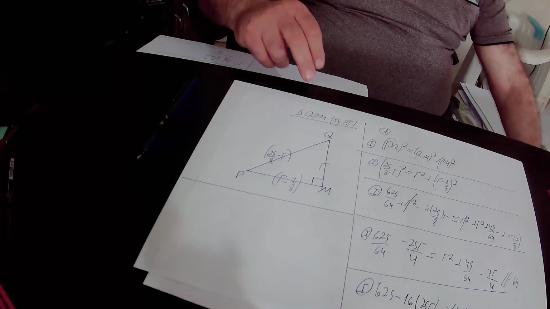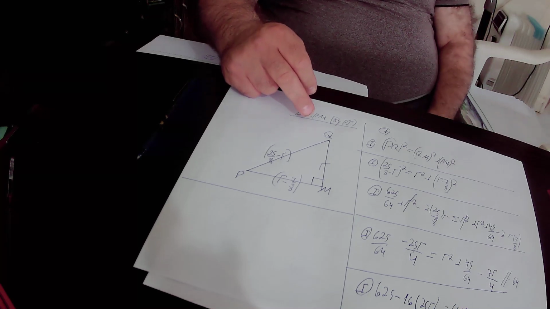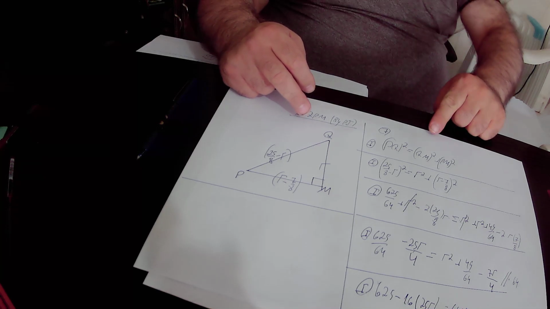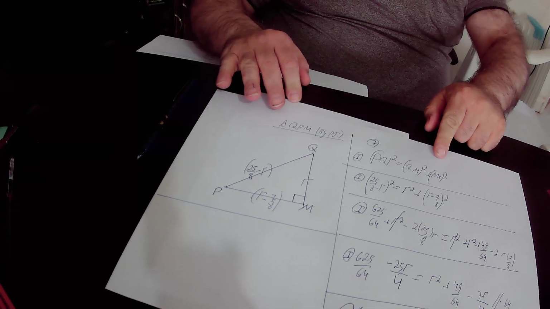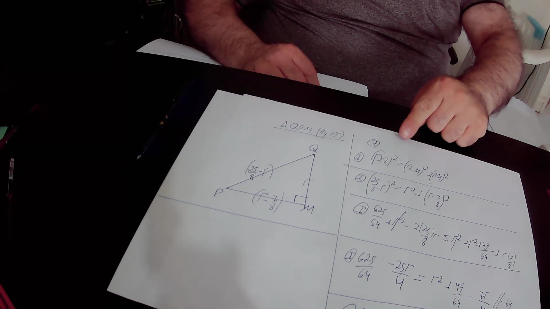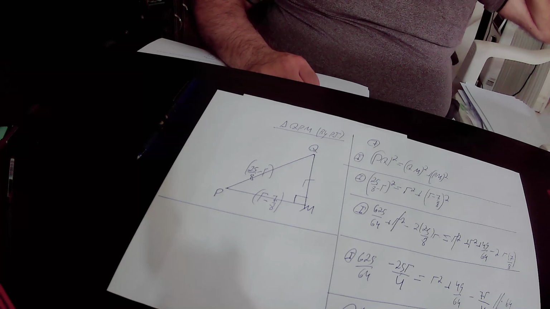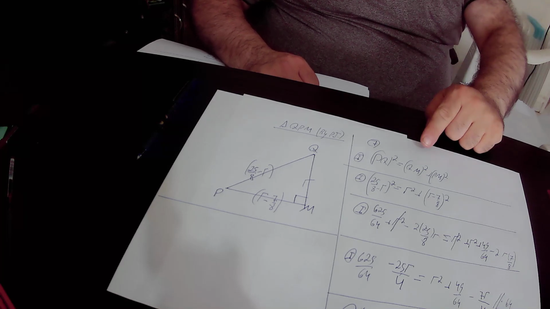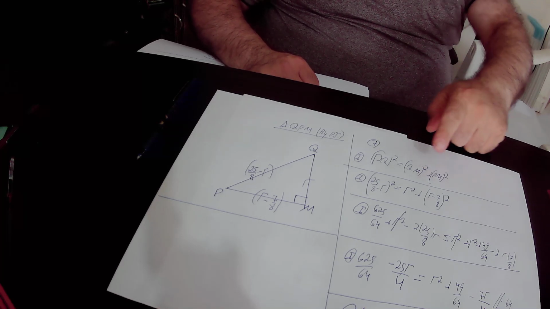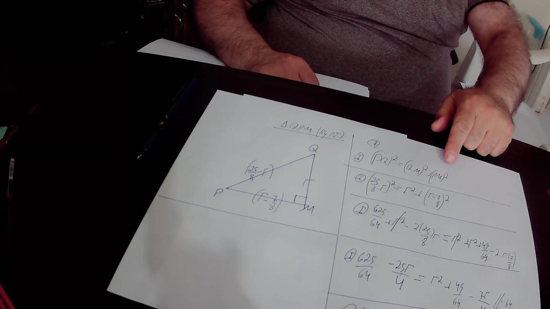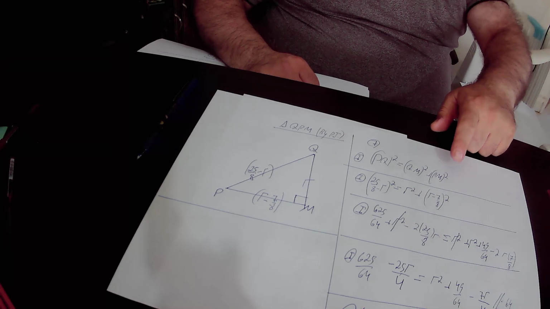The hypotenuse is PQ, so the square of the hypotenuse is PQ square, and it is equal to the sum of the squares of the perpendiculars. That is to say, it is equal to QM square plus PM square. PQ equals 25/8 minus r, so PQ square will be equal to (25/8 minus r) square. QM equals r, so QM square is r square, plus PM square. PM equals r minus 7/8, so PM square equals (r minus 7/8) square.